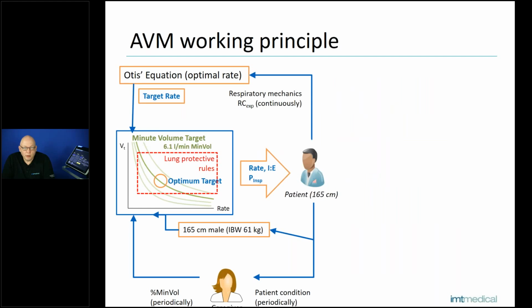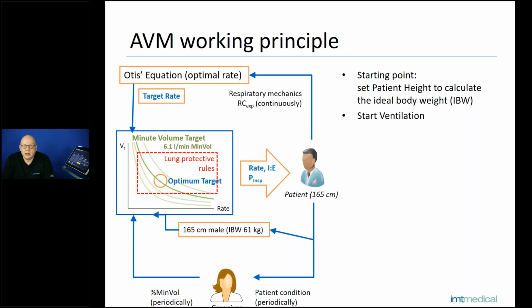So to summarize, that's how AVM is working. Your starting point is always the patient height. This is very easy. You can measure the patient, you can look in the patient data, and then you set it, and the gender should also be set. Then I will start the ventilation.